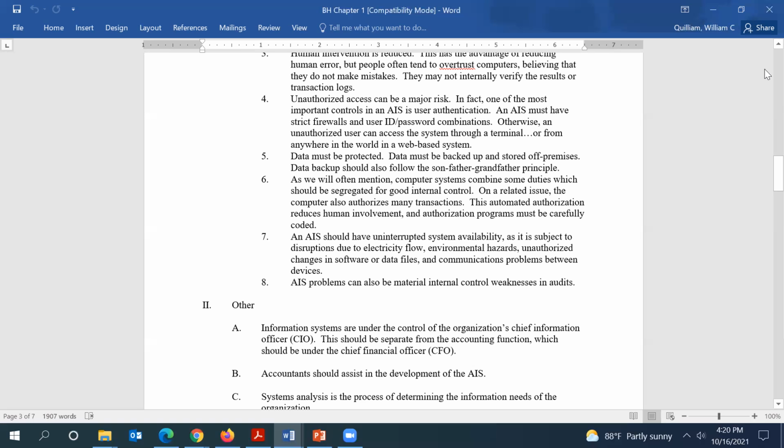The son is today's output. The father is yesterday's output. So if we wanted to recreate the son, we could take the father and run today's data, today's transactions, and recreate the son. The grandfather was the day before yesterday, so we could do the same sort of thing there.